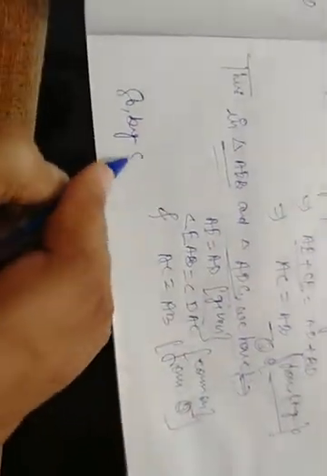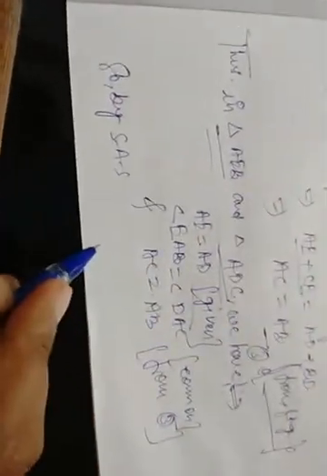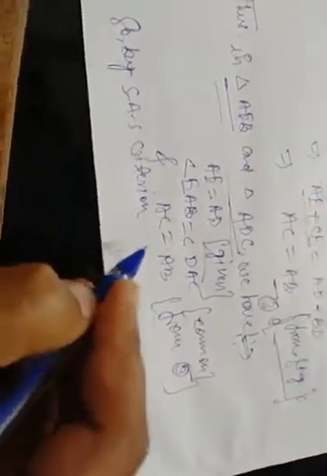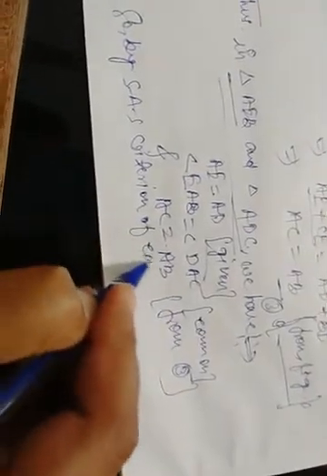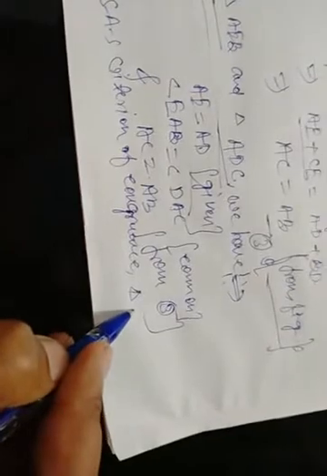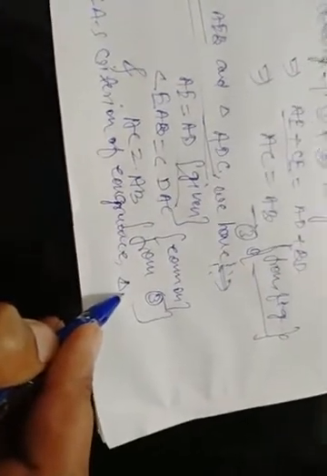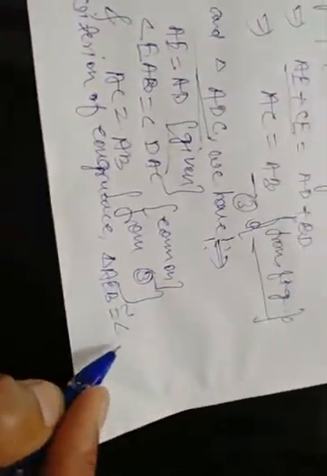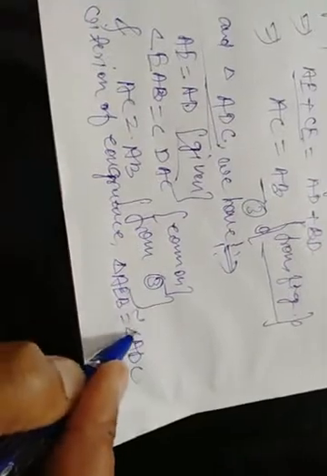So by the SAS criterion of congruence, we get triangle AEB is congruent to triangle ADC.